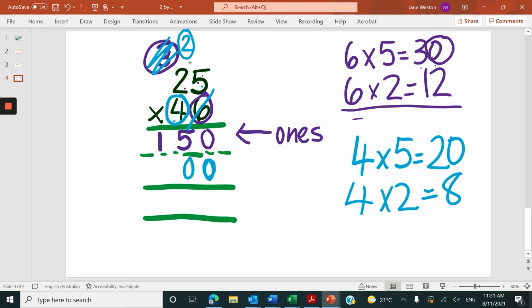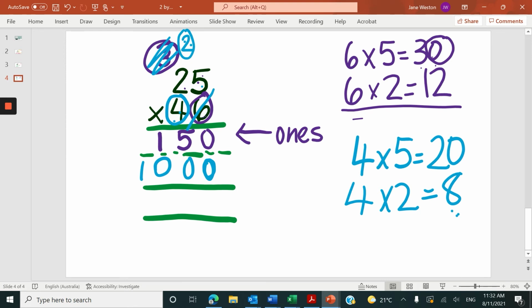Okay, and we have the extra 2 to add on. So 8 plus 2 more gives me 10. So when I said 40 times 20, that's what we were actually doing, but we could work it out as 4 times 2 because we were already over here moving into these columns. So I already had my zeros or my tens and my ones sorted out.